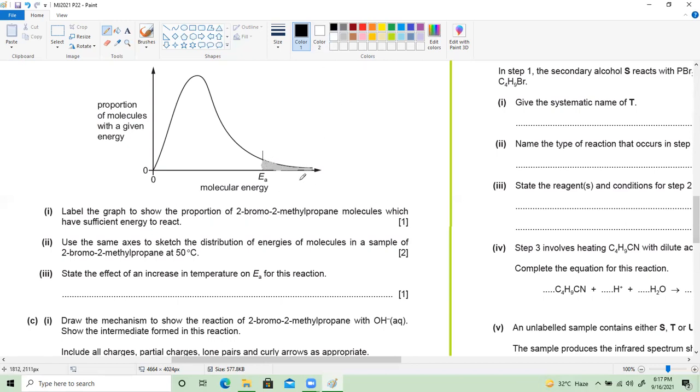We have to label this one. This area is showing 2-bromo-2-methyl propane molecules with sufficient energy to react.